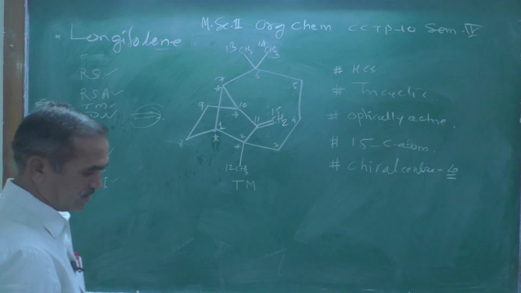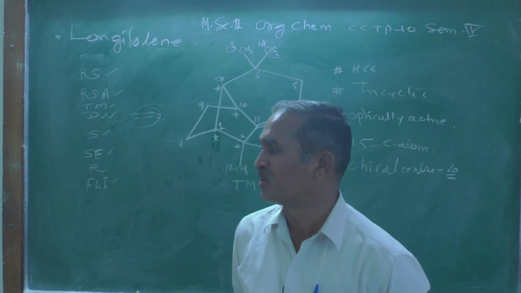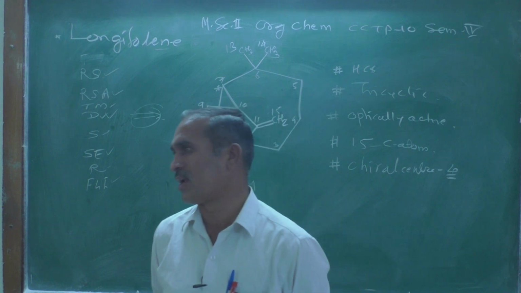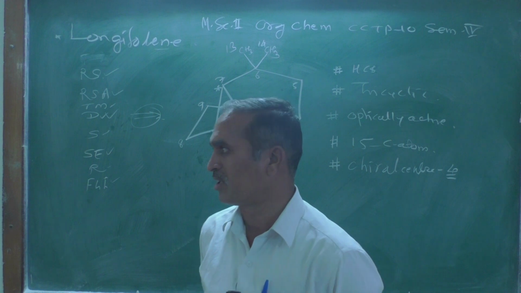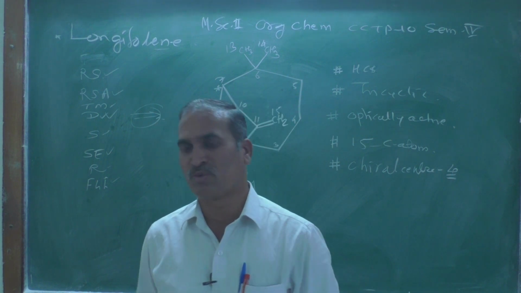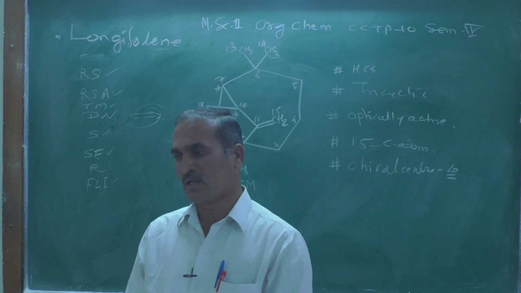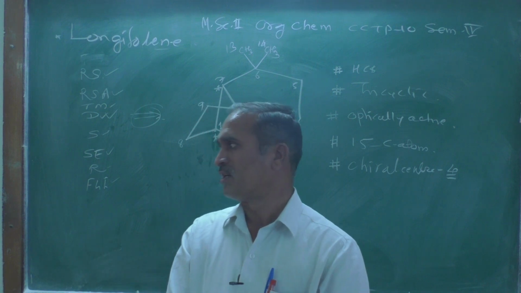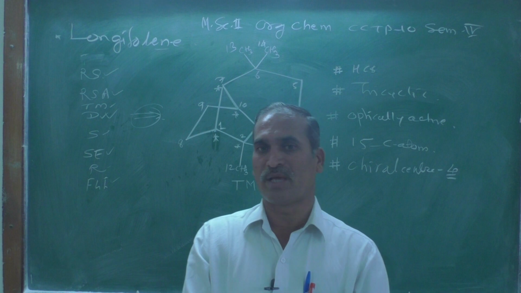And the last one is FGI, a very important term used in retrosynthetic analysis. The full form of FGI is functional group interconversion. Functional group interconversion means one functional group is converted into another functional group so that disconnection becomes possible.